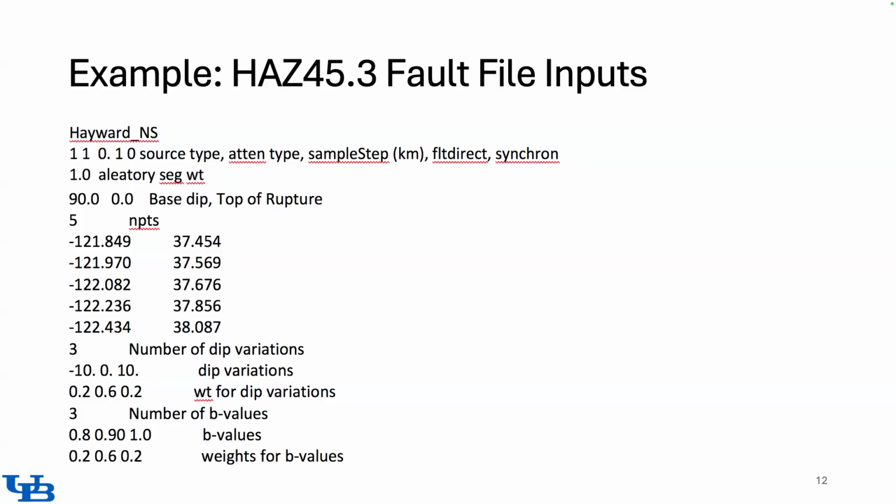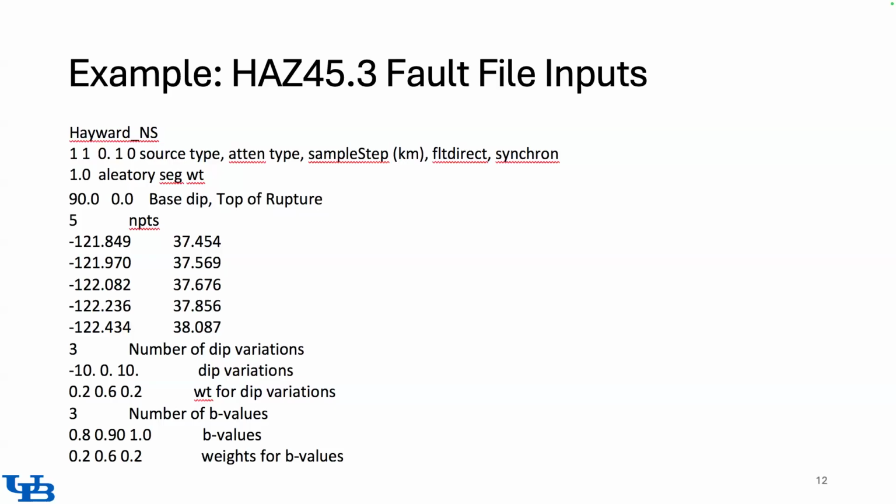So part of your epistemic uncertainty, part of the uncertainty that you have in how well you have characterized this world, is that this may be 80 degrees dipping to the west, or vertical, or 80 degrees dipping to the east, with weights 0.2, 0.6, and 0.2 to give some uncertainty on how its geometry is defined.